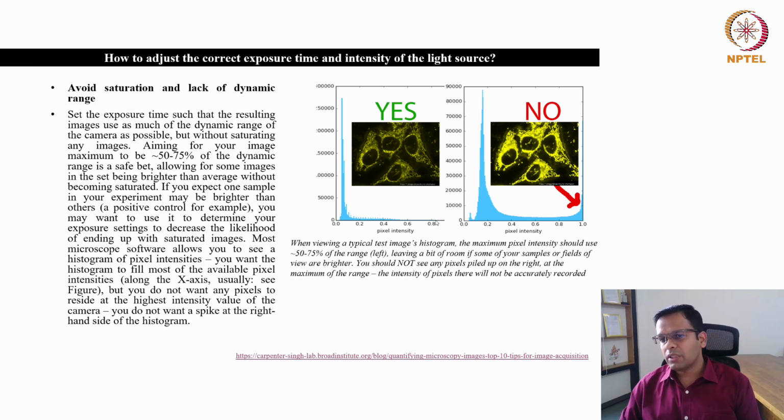Ideally, you should set the intensity of the light and the exposure time so that none of your pixels is saturated, because from this image you cannot get quantitative information. You should not use this kind of image for quantitative analysis, because the pixels which have already reached saturation will underrepresent the actual fluorescence intensity.